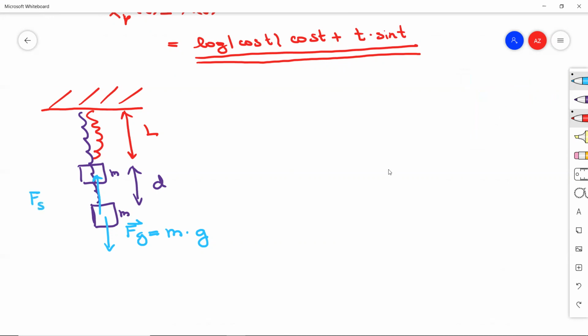The force of the spring is, in size, K times the displacement, in our case D. And minus denotes that it's in the opposite direction. So our positive direction is downwards. So this is the positive direction.